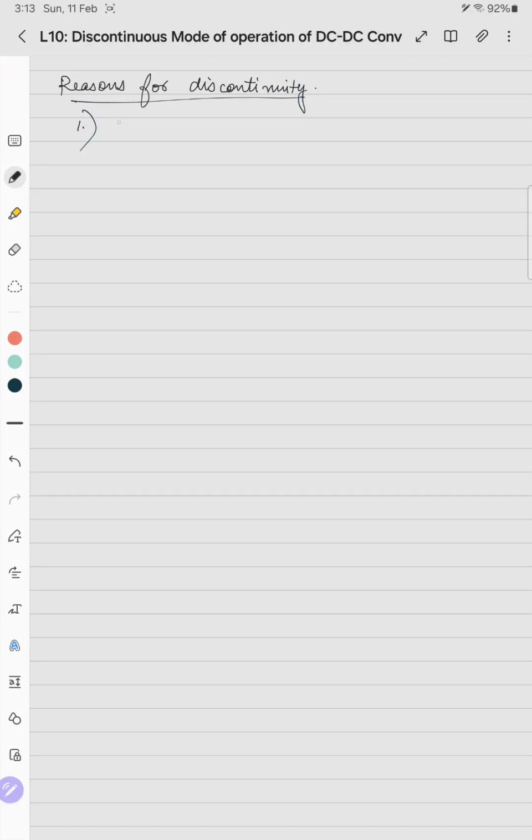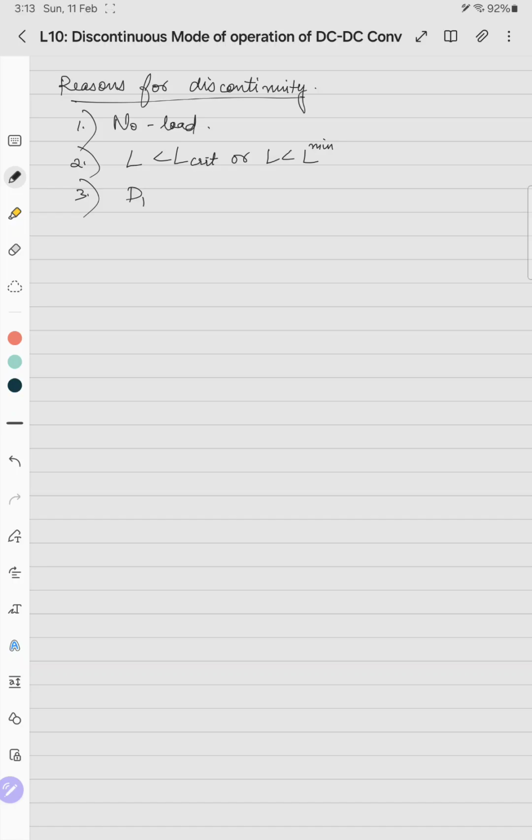First is the no load operation. Second is L less than L critical or L less than L minimum. This is one of the reasons of discontinuity. And the third very obvious reason is due to diode D1. So reason number 1 and 3 are interrelated to each other.